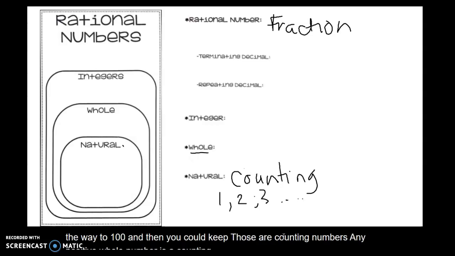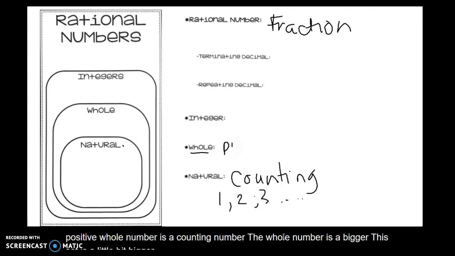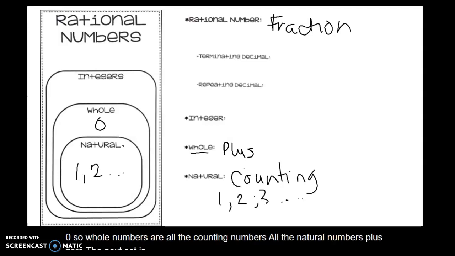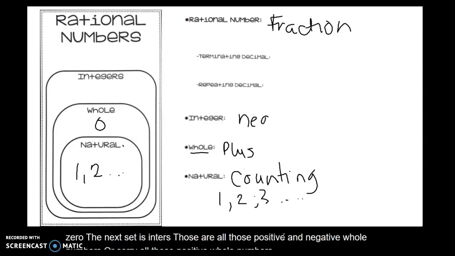The whole number set is a little bit bigger because then they added 0. So whole numbers are all the natural numbers plus 0. The next set is integers. Those are all the positive whole numbers and the negative ones.